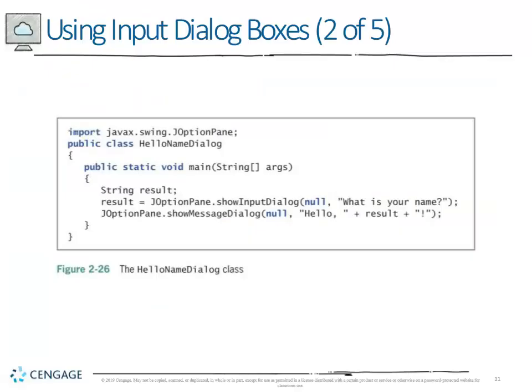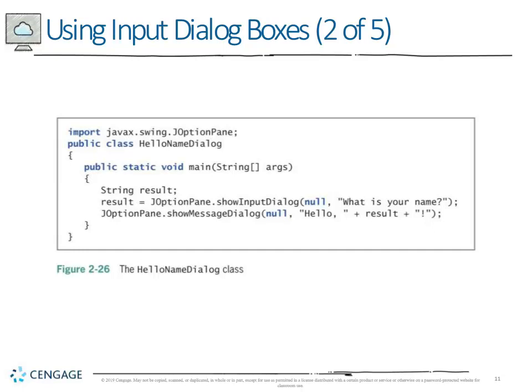In Java, the JOptionPane class can accept GUI input. The dialog boxes we can use to accept user inputs are like an input dialog box or confirm dialog box. So an input dialog box is where we ask questions and provide a text field in which the user can enter a response.